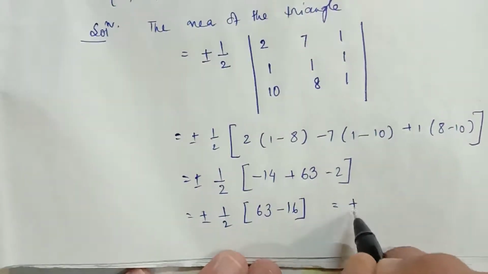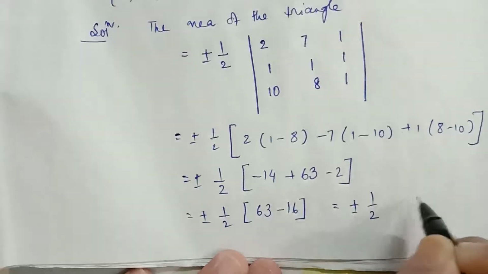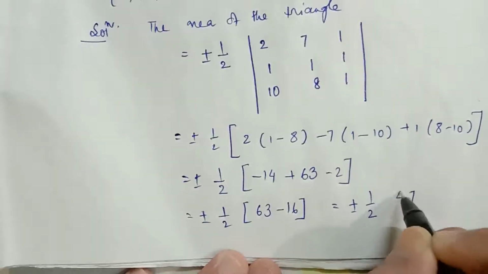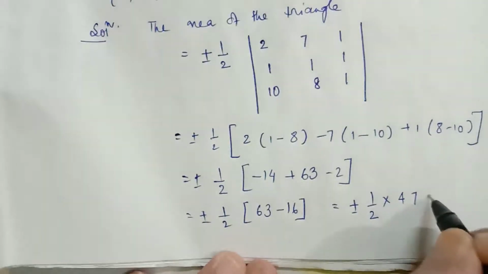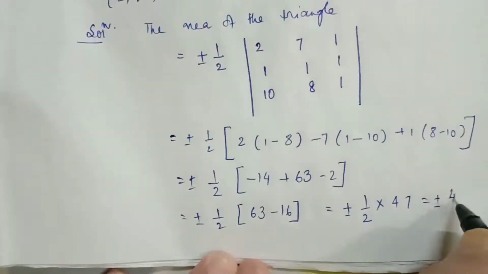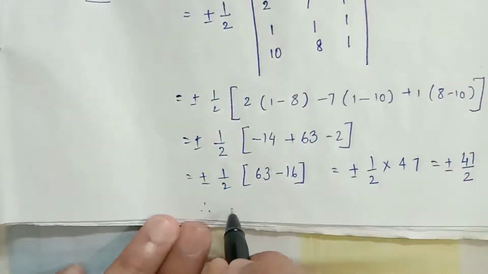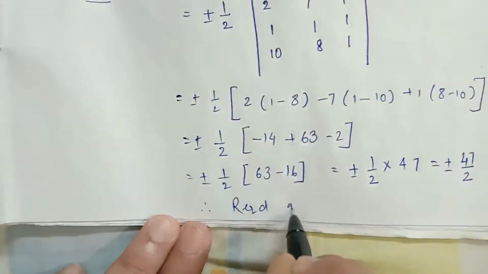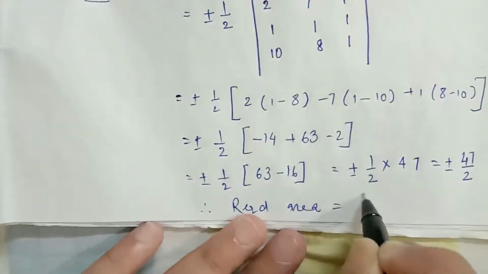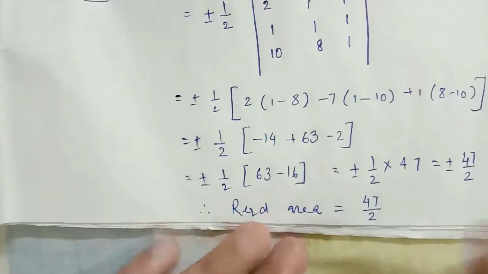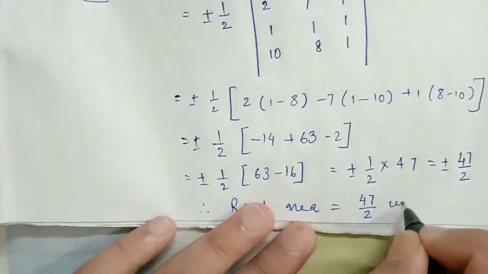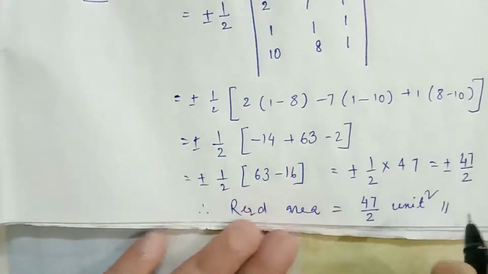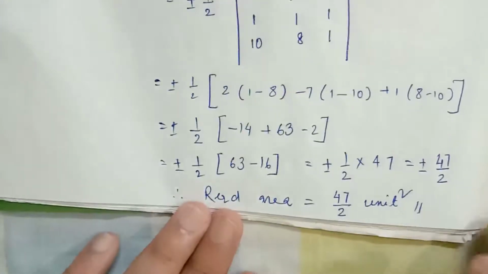It will be plus minus half into 47. Half into 47. So 47 by 2, plus minus 47 by 2. And we have to write our answer in this way. Therefore, required area is equal to 47 by 2. In the final answer, we have to write the positive value. 47 by 2 unit square. This is the area of the triangle.